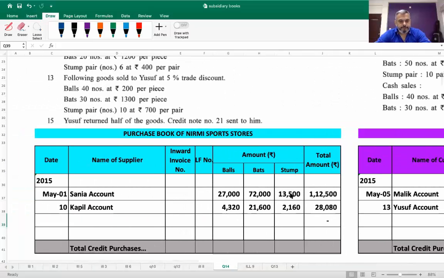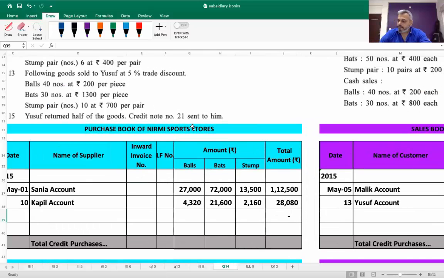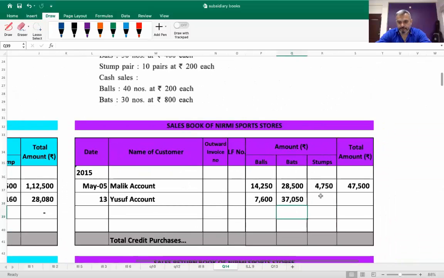And stump 10 at 700, so 7,000 minus 5%, 6650. So it comes to 51,300.